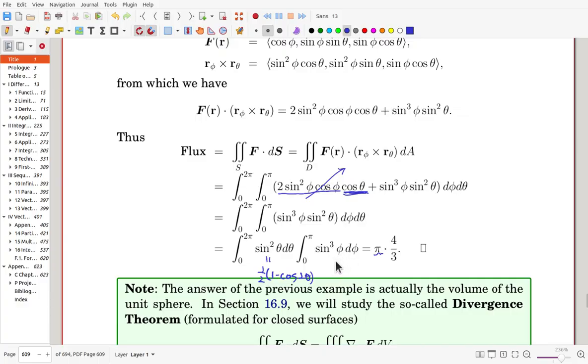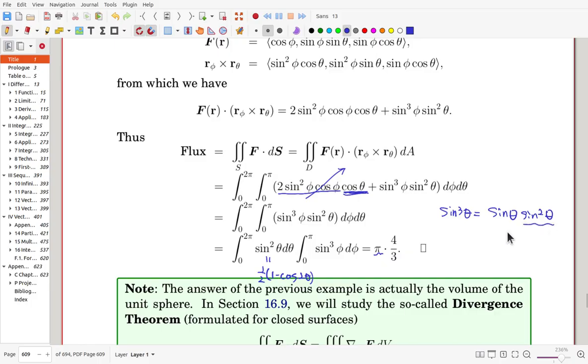For the evaluation of this one, we did it earlier, so you may remember that. How can we do that? We write down sine cubed theta. That is sine theta times sine squared theta.